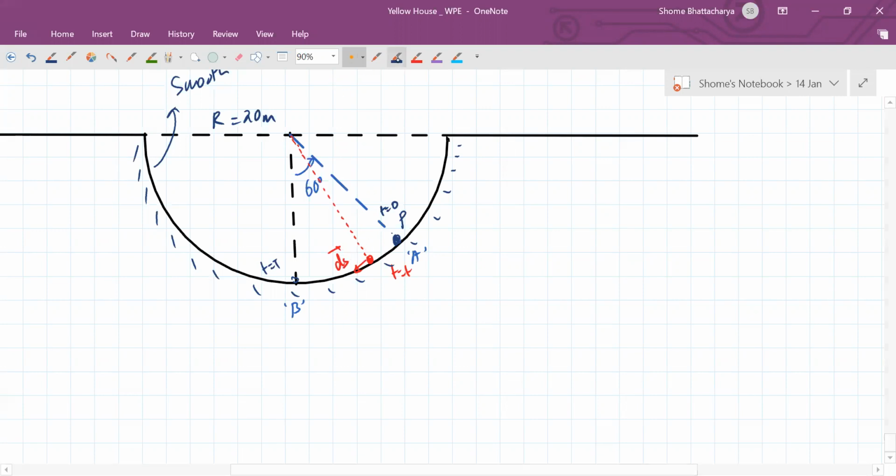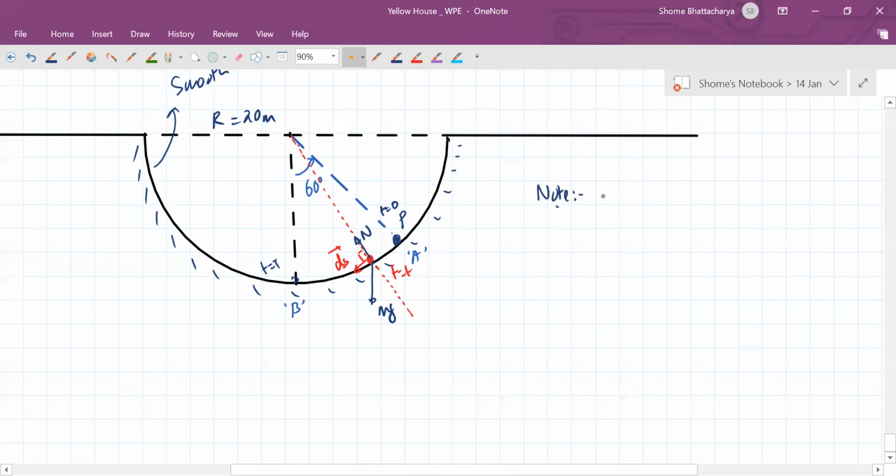So this is the differential displacement. Okay. And the forces acting on it will be the weight mg and the normal reaction n. So as you can see, the normal reaction will act in such a way that it is always perpendicular to the displacement.